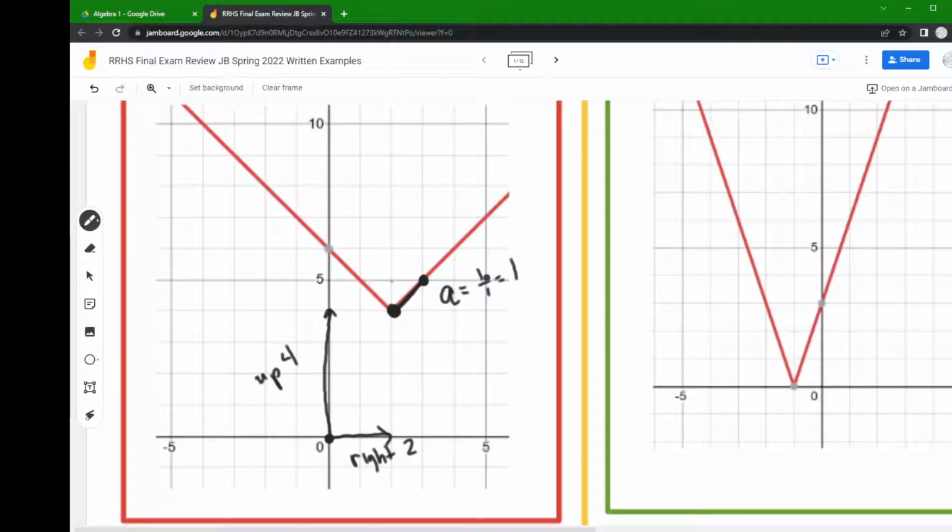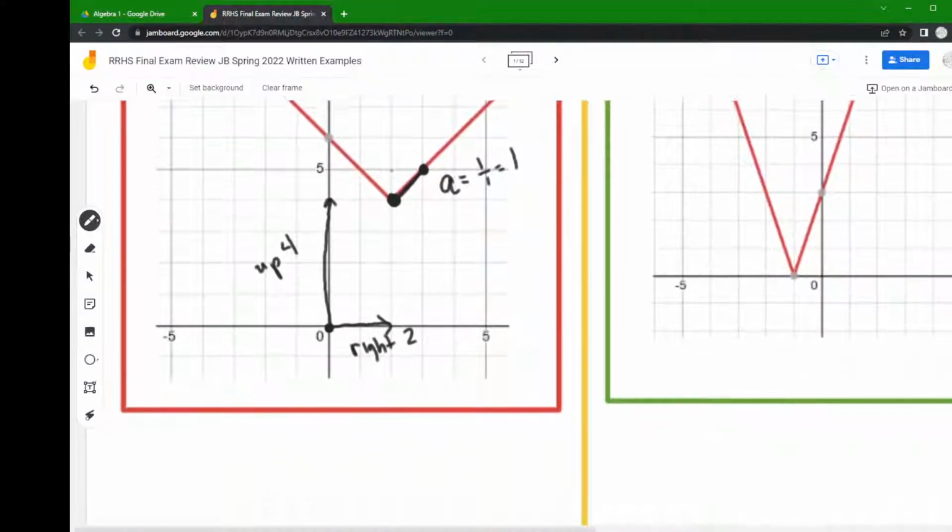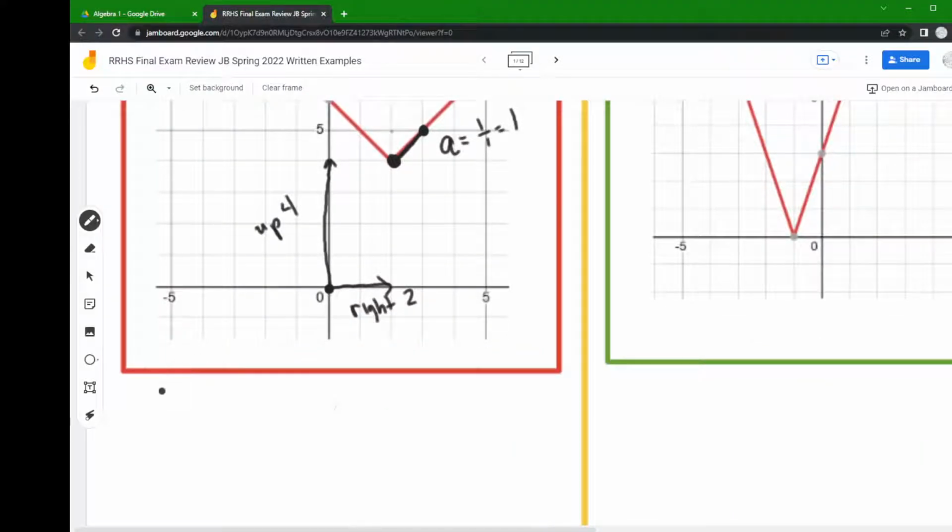Now, if your a value is 1, we usually do not write it when we go into writing the equation part, because it's implied. And so when you write the a equals 1 on there, it makes your equation a little harder to read. So we're not going to write this a on here, but we will for the other problems. All right, so I have f of x equals the absolute value of x, and we're looking for our h's, right?